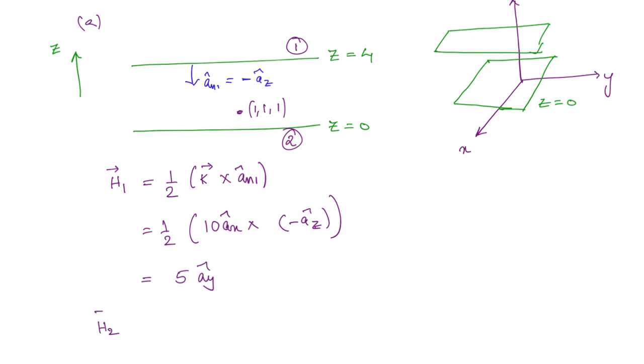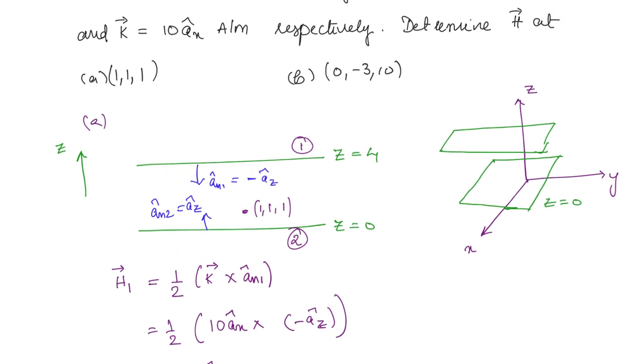Similarly, what is H2 bar? This is 1 by 2 K bar cross a n2 cap. So what is the unit normal vector here? For the z equals 0 plane, the normal vector is in this direction, that is the plus z direction. So here a n2 cap is equal to plus az cap. And what about the current density?